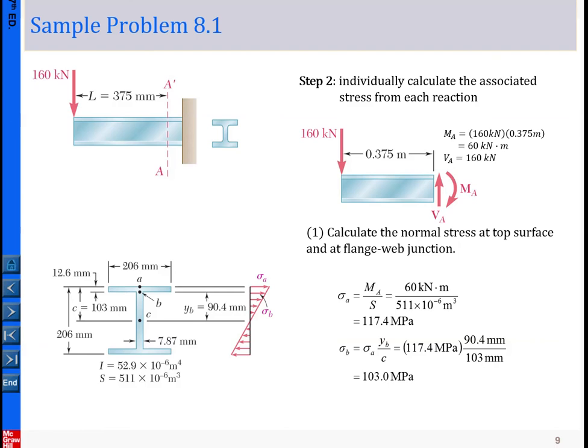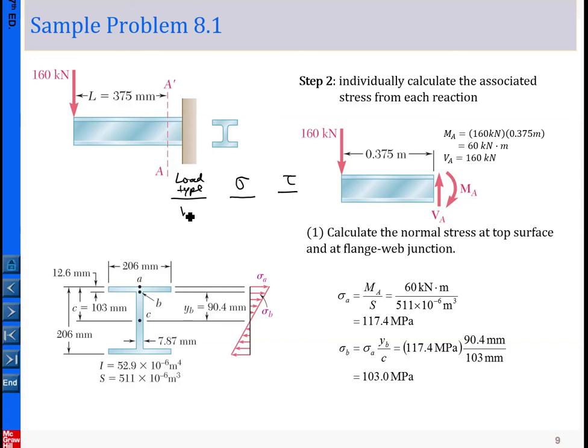With this in place, we can begin step 2, individually calculating the stress components. Let me put it into a table. Here we have the loading type, and then we calculate the corresponding normal stress or shear stress, depending on the loading type.